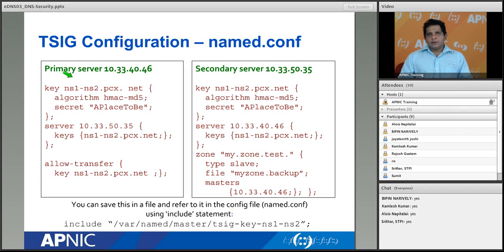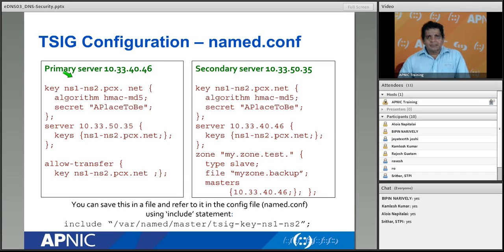If you come up with a meaningful name, it's always much easier. By looking at the name itself, you know exactly this is my key name for which name server, between what, and for what sort of transaction. And then it defines the algorithm you use. In this example, we use HMAC-MD5.